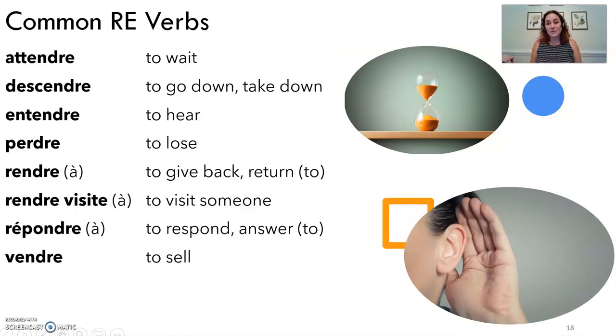Some common RE verbs include attendre, to wait; descendre, to go down; entendre, to hear; perdre, to lose; rendre, to give back; rendre à, to return to; rendre visite à, to pay a visit to someone; répondre, to respond; répondre à, to answer to; and vendre, to sell.